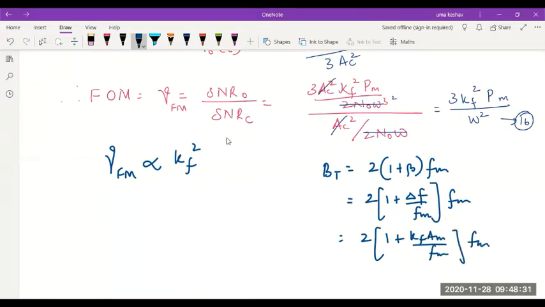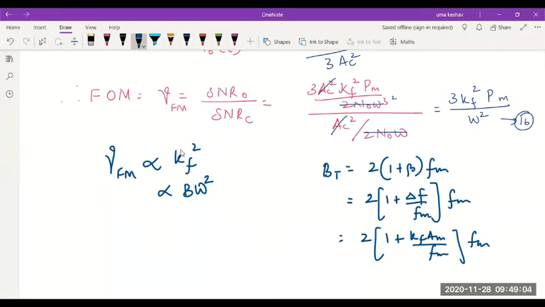If the figure of merit is proportional to the square of the sensitivity, it automatically means it is also proportional to the square of the bandwidth, because KF into AM is the main term in our bandwidth expression. So if the figure of merit has to be higher, then the bandwidth also has to be higher.